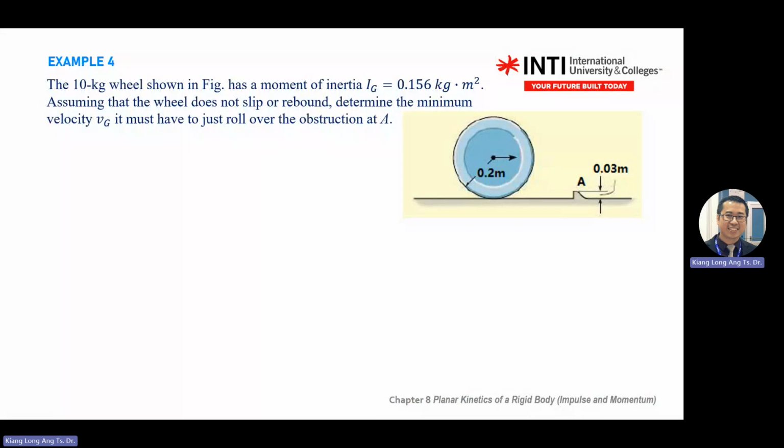So we look at example 4. You have a circular body that is rolling and then goes up over A, then drops down. The height of A is 0.03 meter. The radius of this circular body is 0.2 meter. You're given a mass.